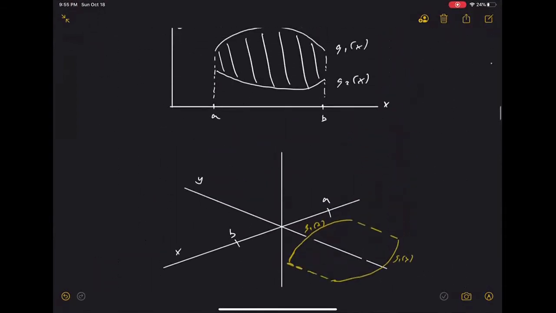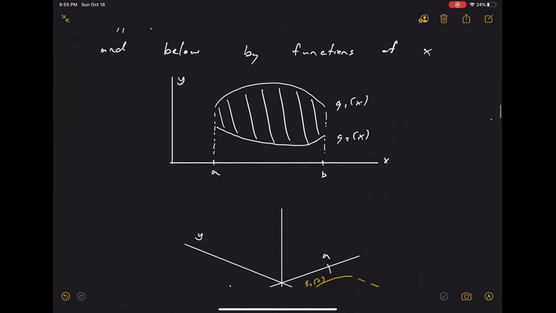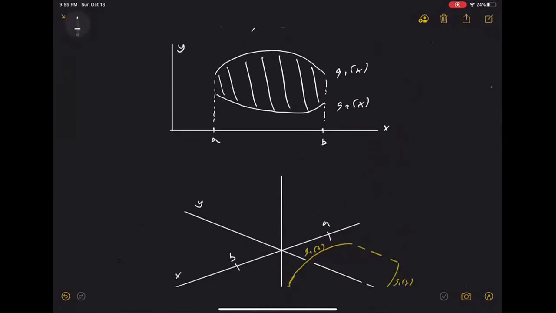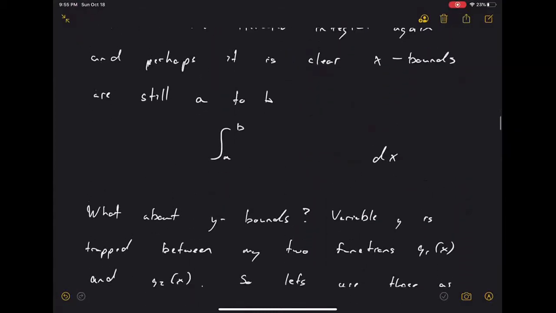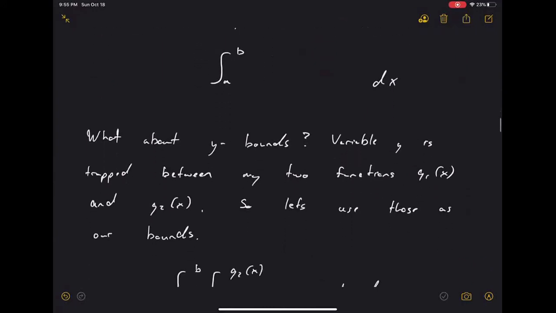Going back up to this domain, maybe the x bounds are easy. My horizontal bounds, I know my x value is between a and b, so those should be my bounds for my domain. I'm going to start by writing the integral sign from a to b there. What about my y bounds?